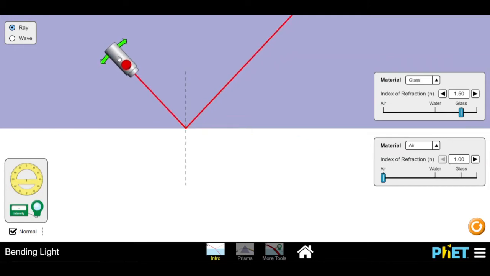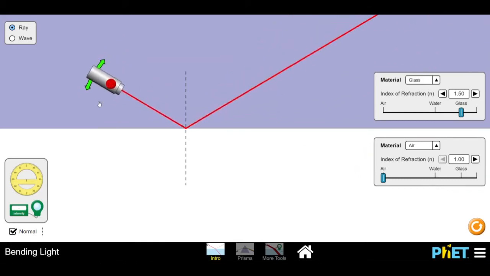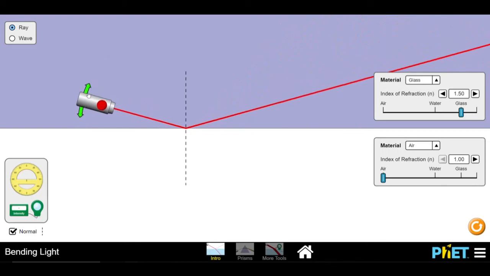And that moment there is called the critical angle. So whatever this angle is, as long as the angle of incidence is bigger than this angle, so it's down here or somewhere, we will get total internal reflection.